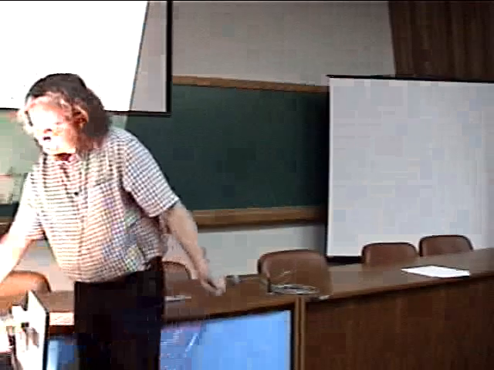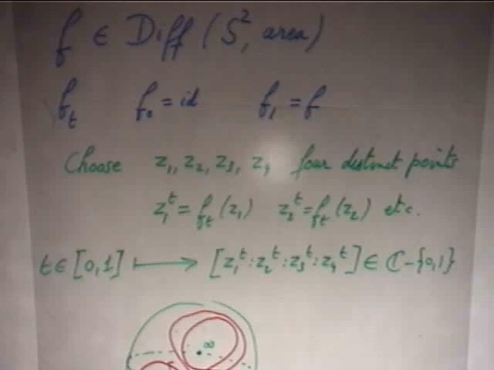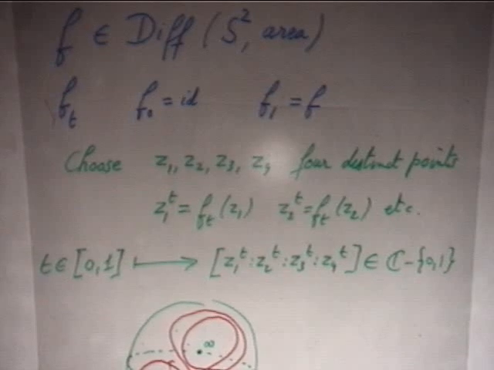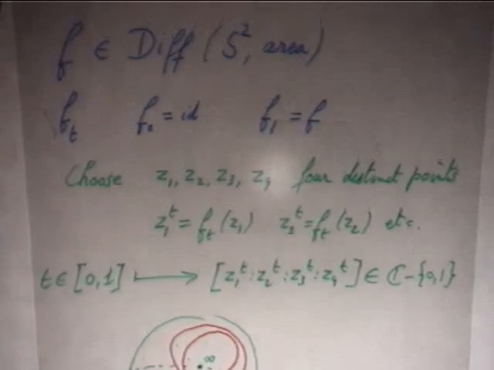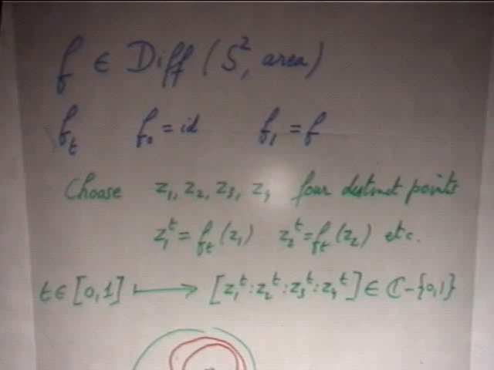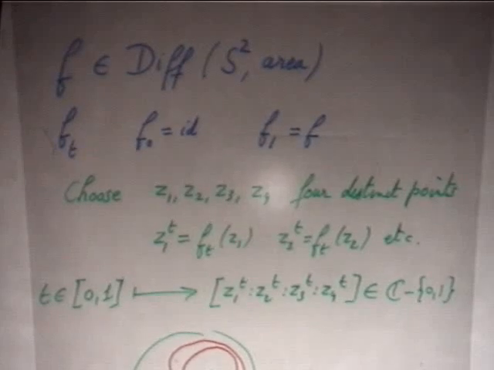So let's try to understand the dynamics of a diffeomorphism of the sphere, which is area preserving. Again, you take your diffeomorphism of the sphere, which is area preserving. You connect it to the identity by some isotopy, Ft. F0 is the identity, F1 is F. You choose 4 points on the sphere, Z1, Z2, Z3, Z4, and you look along the isotopy how these 4 points move.